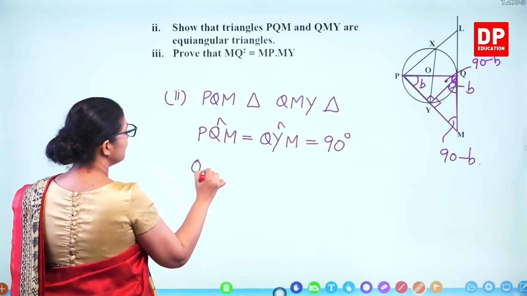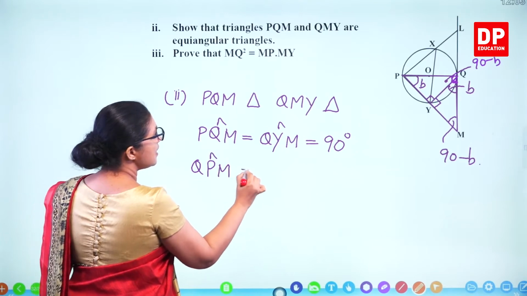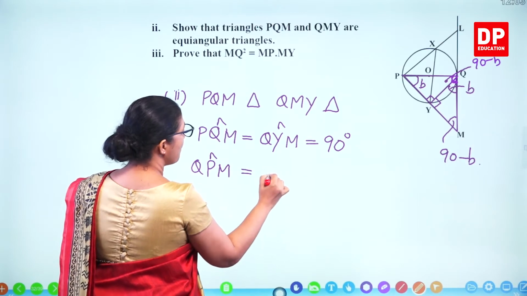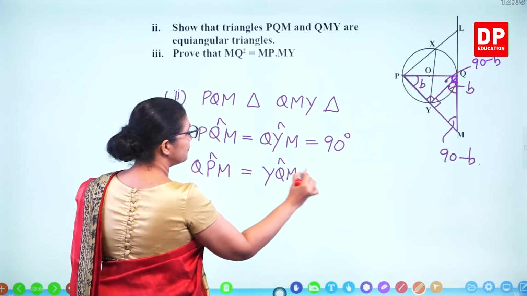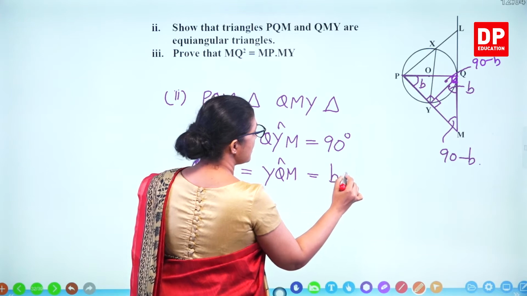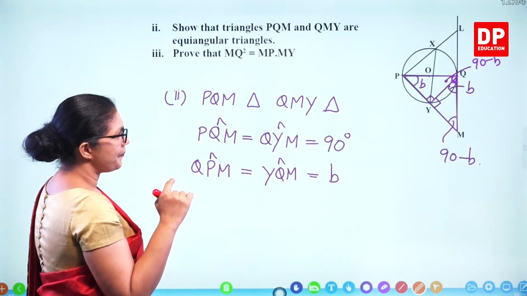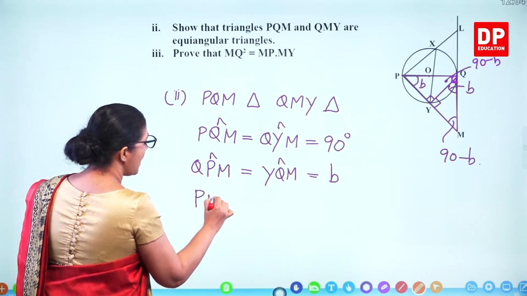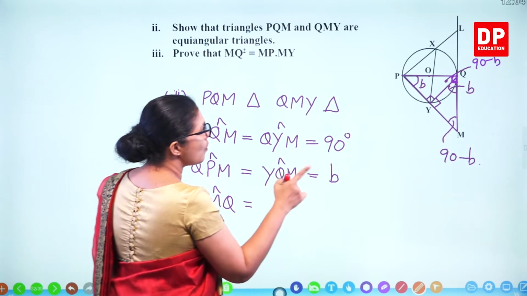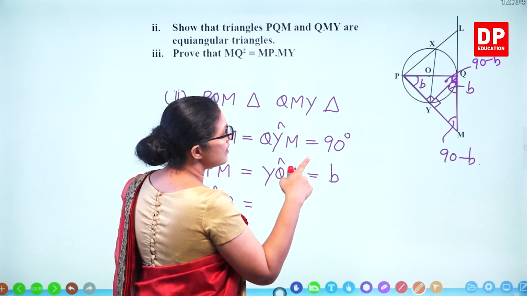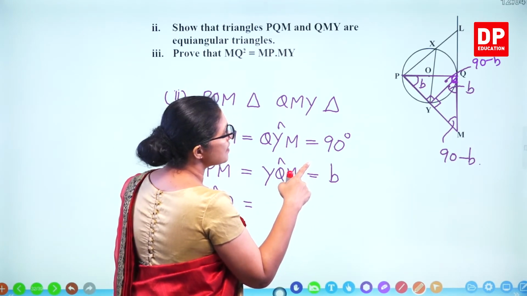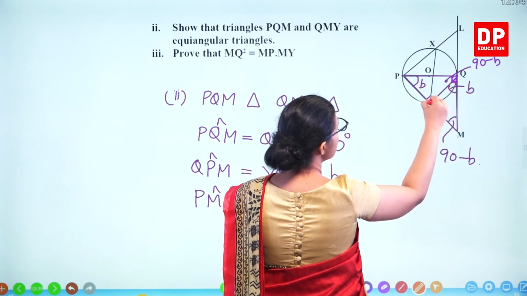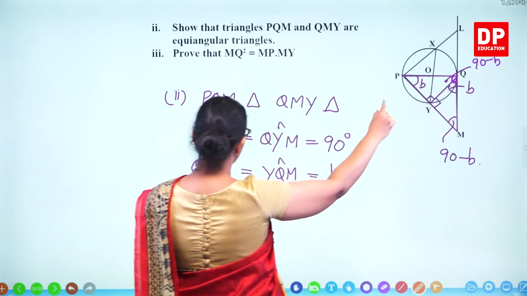QPM, P angle is B, and the other triangle YQM, that's B. That's equal. Then the other angle PMQ is equal to, in the other triangle, 90 minus B. So check one, this is 90 minus B, that's the full one.